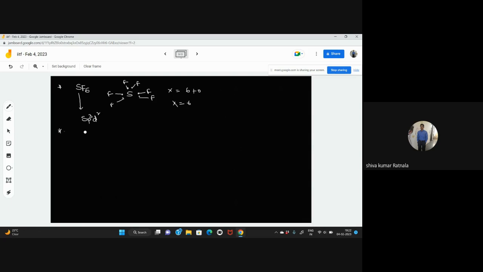Here is one point. I told you in earlier classes, if a double bond is forming, one bond is a sigma bond and one bond is a pi bond, right? Yes or no? Next, if a triple bond is forming, then one bond will be a sigma bond and the remaining 2 bonds will be pi bonds, right?